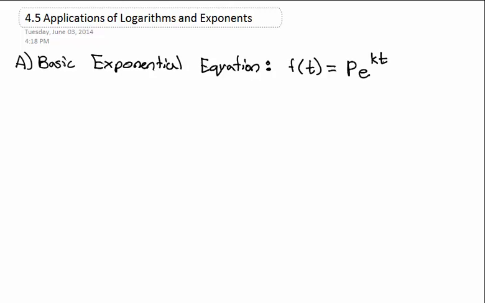Now each one of these variables is going to mean something to us. The p is what we call the present value. Another way of thinking about it is where you start.